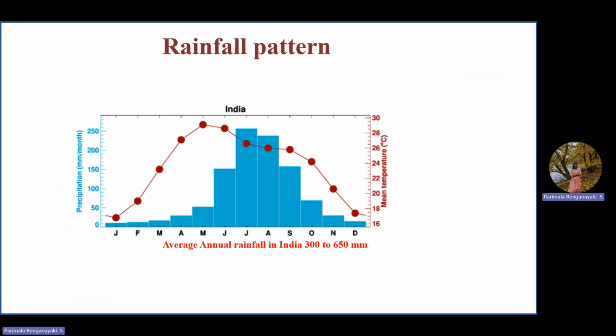Other than that, when you see the rainfall pattern of India, the average annual rainfall varies from 300 to 650, and sometimes goes up to 800 also. It is actually a sufficient amount of rainfall, but what matters? It is not spatially distributed, and the temporal variation is also very high. The rainfall is not uniform.